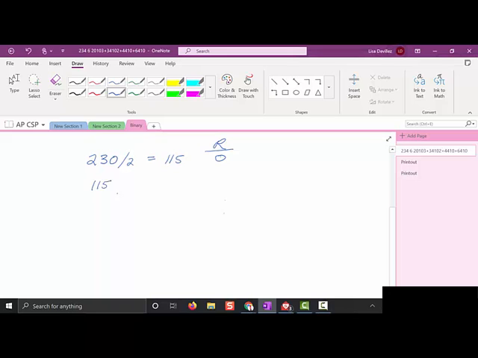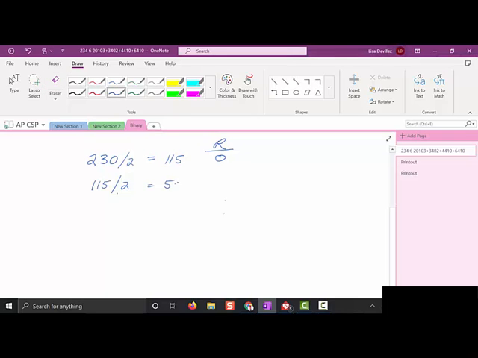Then 115 divided by 2 is going to be 56 with a remainder of 1. No, 57, sorry. Try that again.